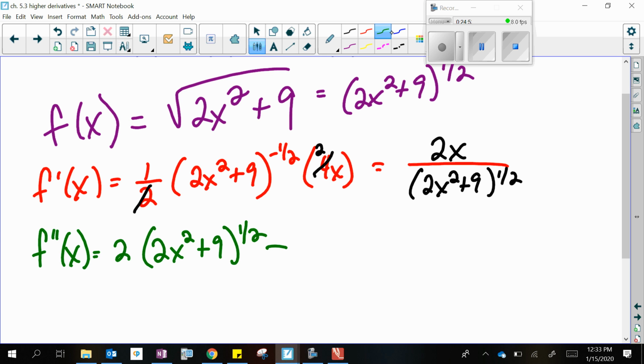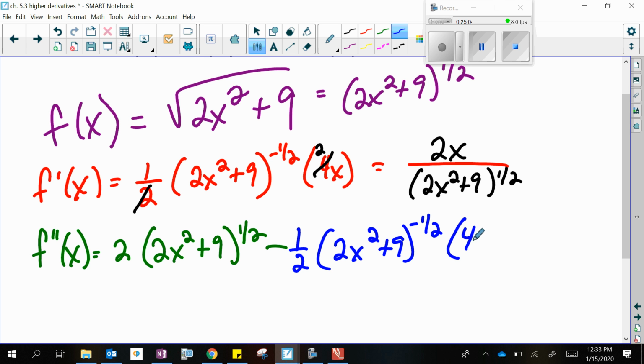So that is going to be what? 2x squared plus 9 to the negative 1/2 times 4x, right? So that's minus derivative of the bottom times the top, right? Are you with me on that?